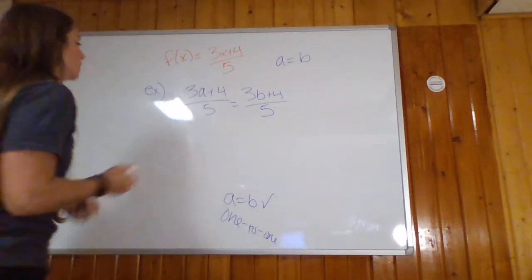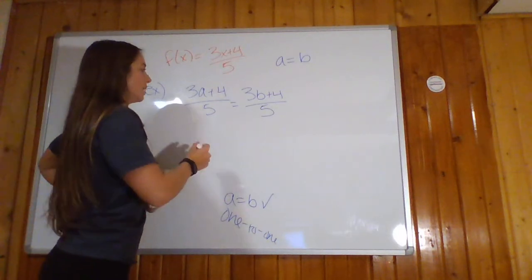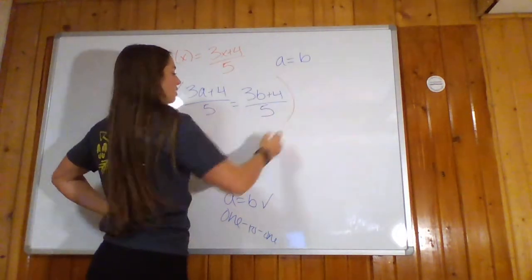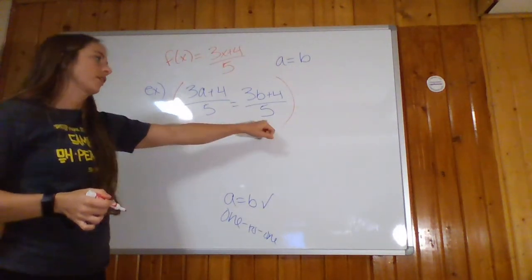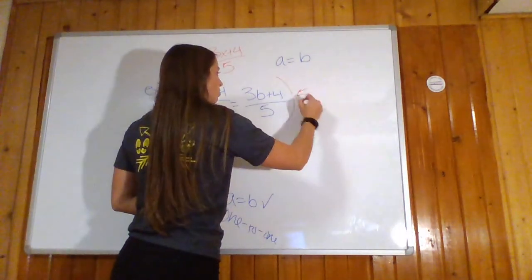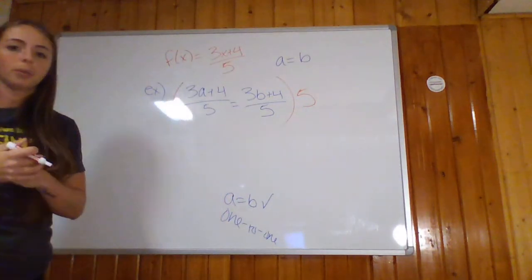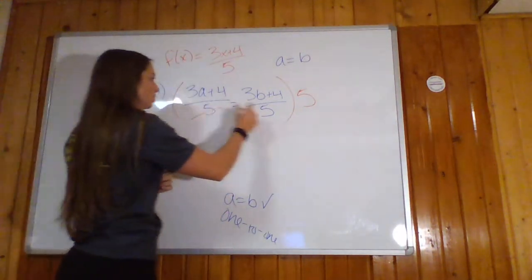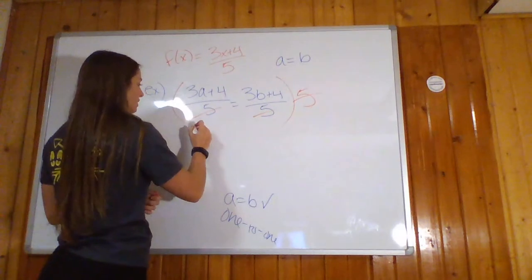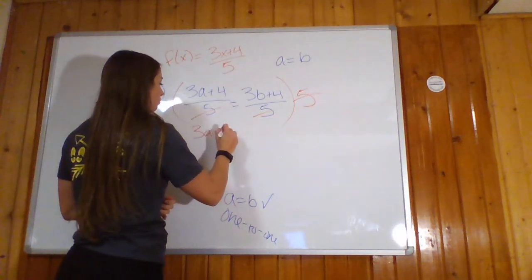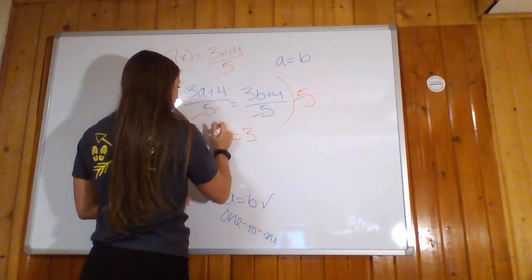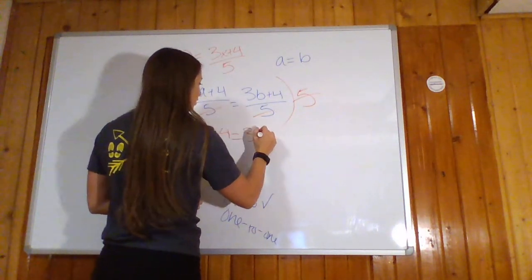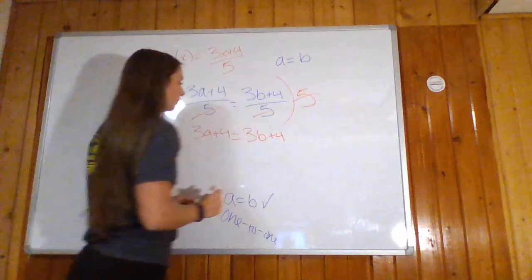So replacing this, the first thing I'm going to do is, if I can do something to both sides of the equal sign, then I'm fair enough to do it. If I want to get 5 out of my denominator, what I have to do is multiply by a whole number of 5. That's going to cancel anything out of my denominator, leaving me with 3a plus 4, and then 3b plus 4.